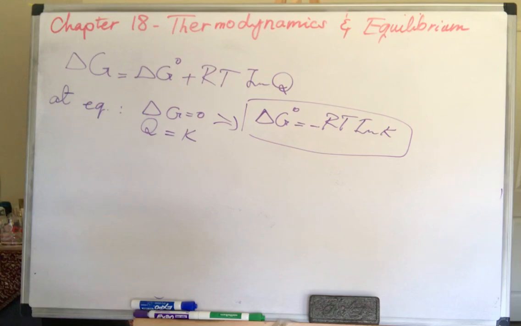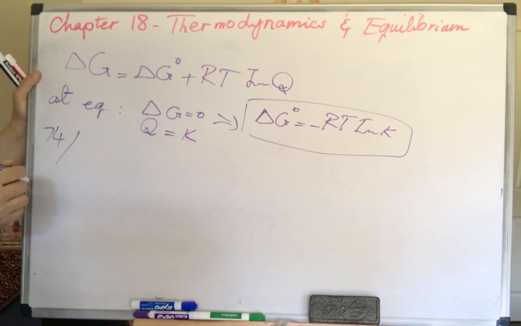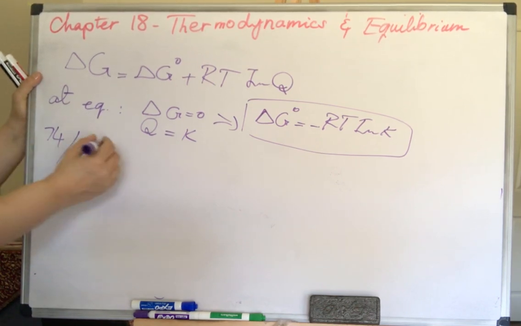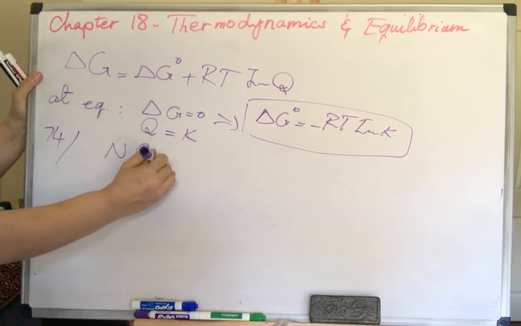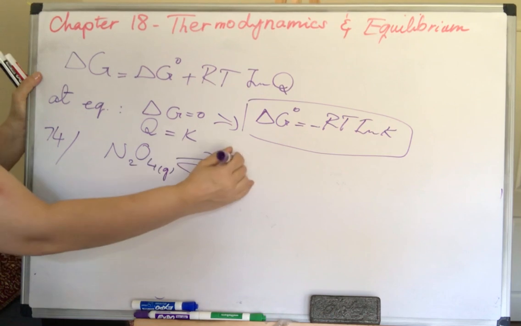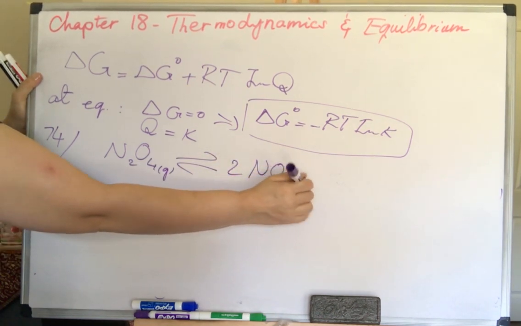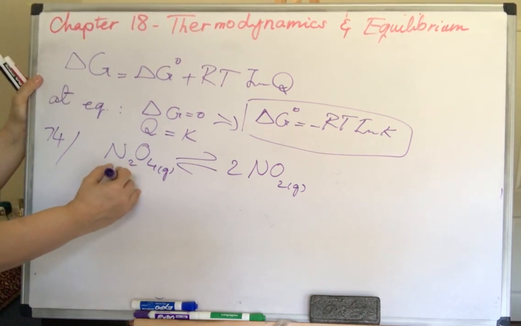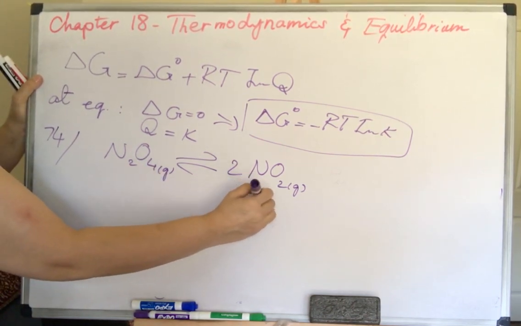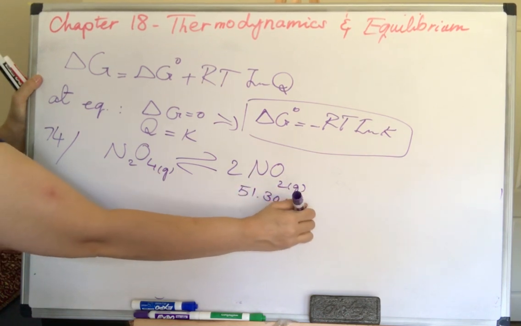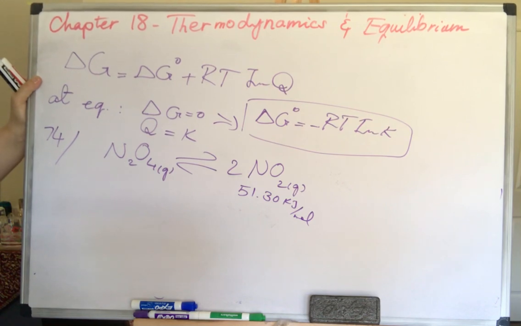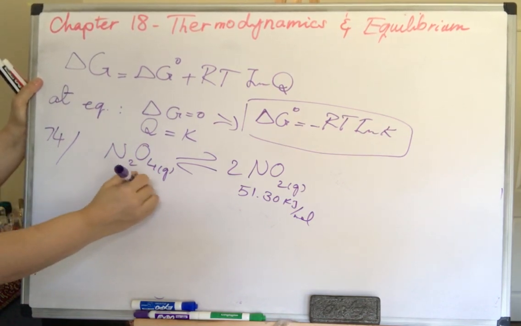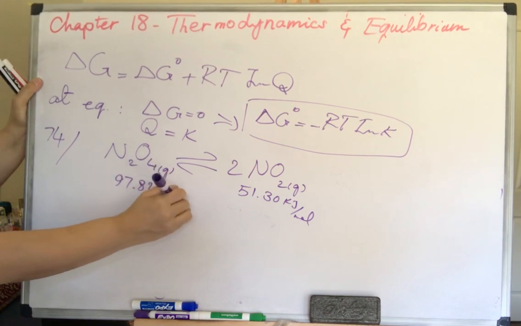We're working on slide number 74. Calculate the value of the thermodynamic equilibrium constant for this N2O4 gas gives 2NO2 gas. The standard free energy of formation is 51.30 kilojoules per mole for NO2, and for N2O4 is 97.82 kilojoules per mole.